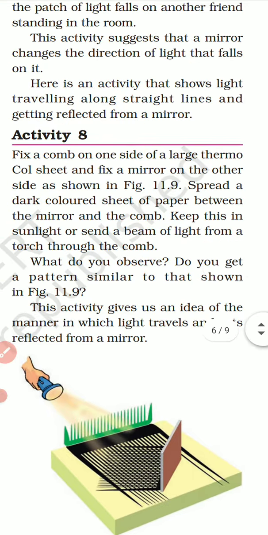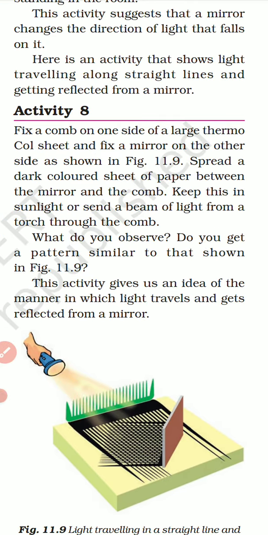Now activity number 8. Fix a comb on one side of a large thermocol sheet and fix a mirror on the other side as shown in the figure. Alright, so you have to do like this, which is there in the figure. Now spread a dark colored sheet of paper between the mirror and the comb. Keep this in sunlight or send a beam of light from a torch through the comb.